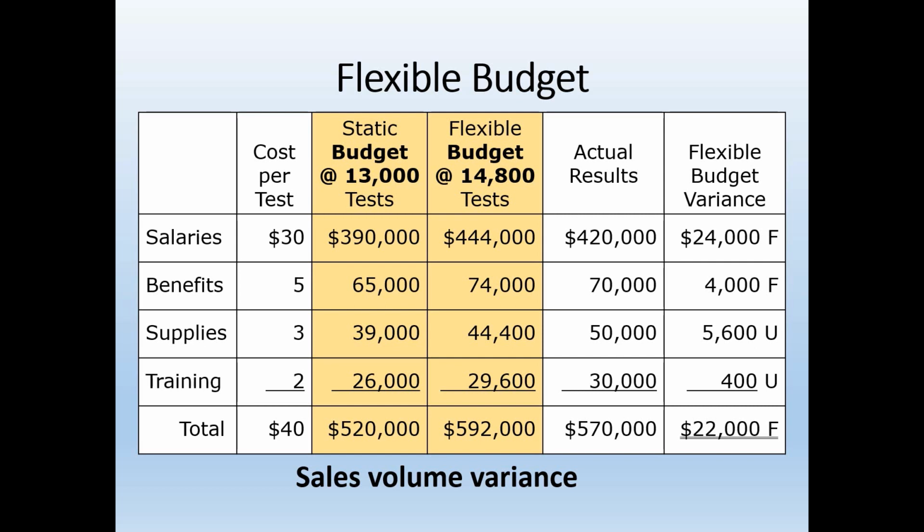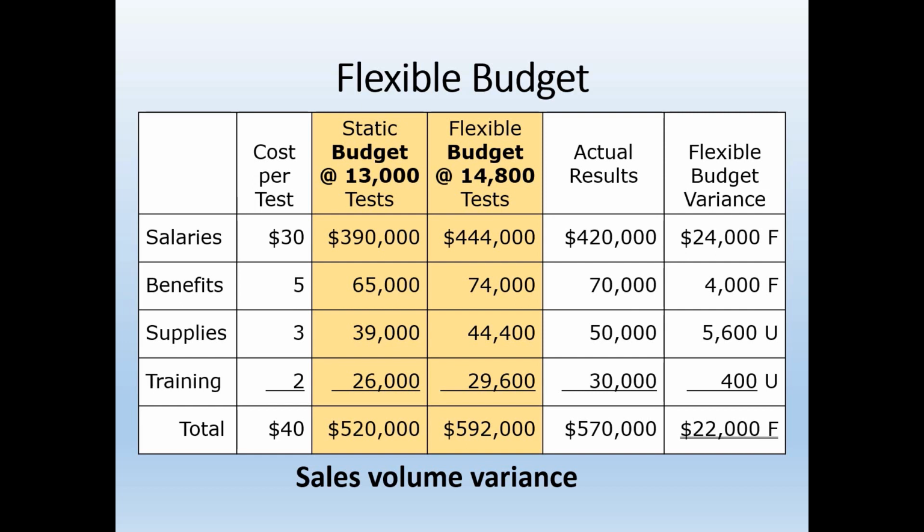That makes sense since the firm actually did a lot more tests during the period than the hospital had estimated before the period started. This difference is called a sales volume variance.